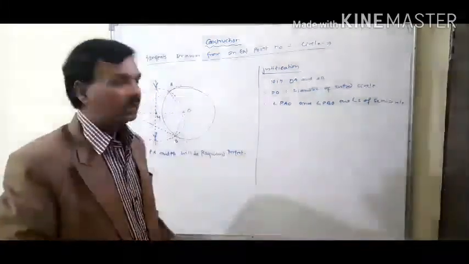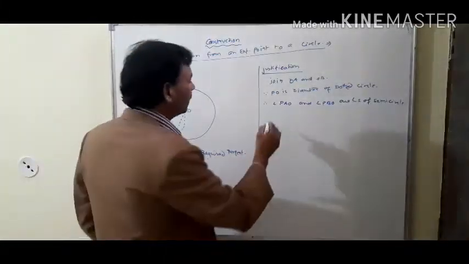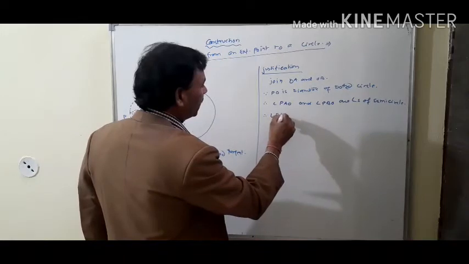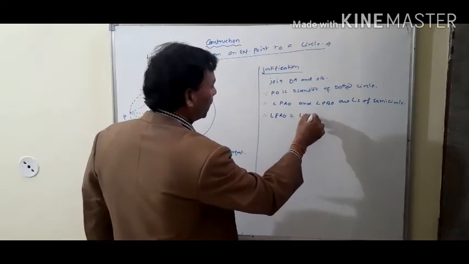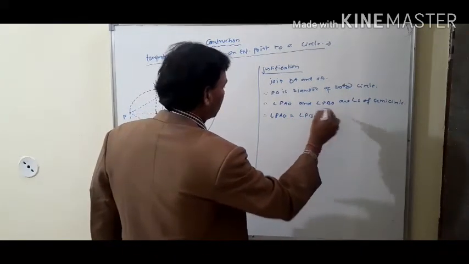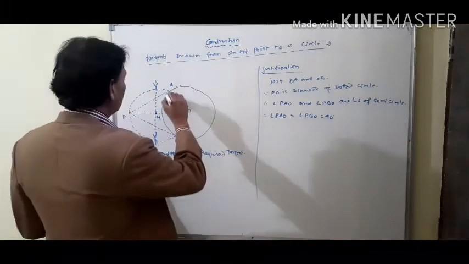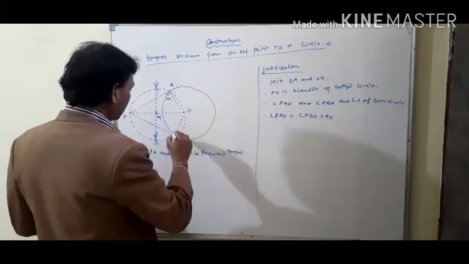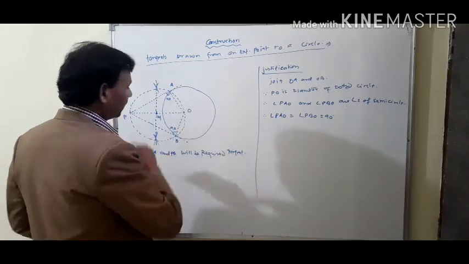And as you know, the angle of a semicircle is 90 degrees. Therefore, angle PAO equals angle PBO equals 90 degrees. So this angle will be 90 degrees and this angle will be 90 degrees.